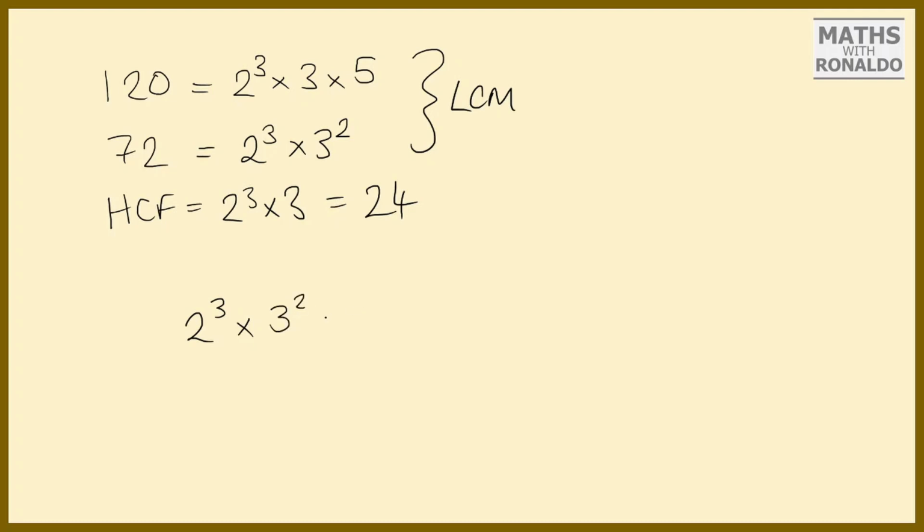And when we come to the 5, the highest power we have is 1, just 5 to the 1. And your LCM is given by that, so that is 8 times 9 times 5, which is 40 times 9, 360. That is your lowest common multiple of 120 and 72.